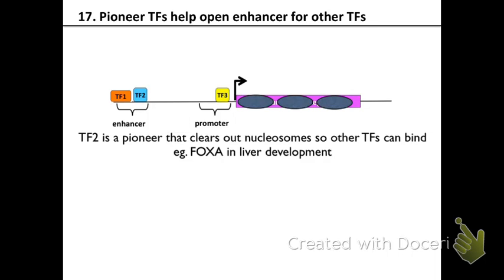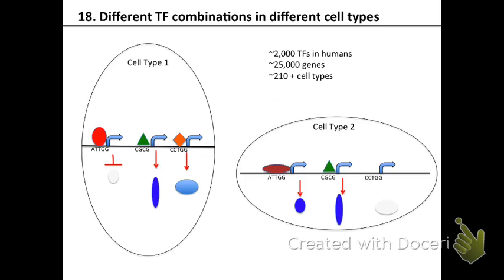Okay? All right. So the transcription factors don't act just by themselves. For a given gene, many transcription factors control its activity. What I mean by that is multiple transcription factors control one gene. So there's combinatorial control.